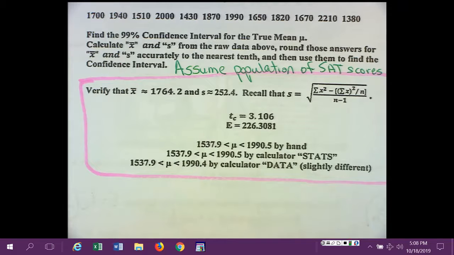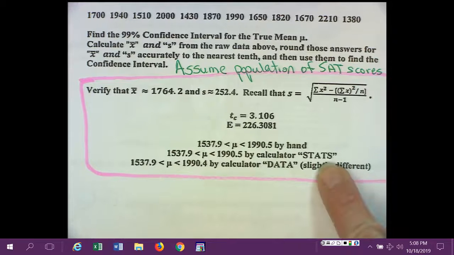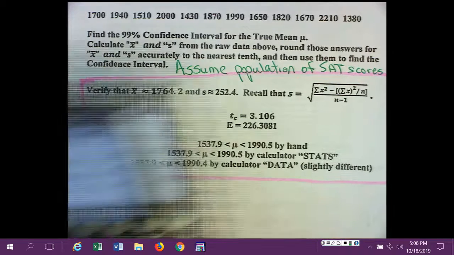Now I have to discuss something that is a little bit of a controversy with the TI-83/84, stats versus data. They slightly disagree when you use your TI-83/84 calculator.